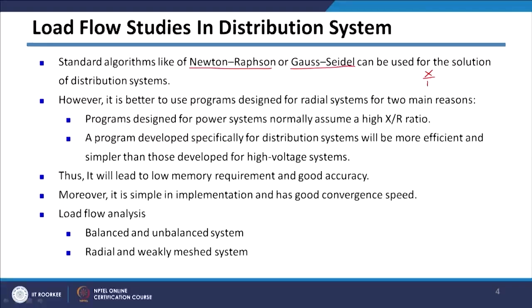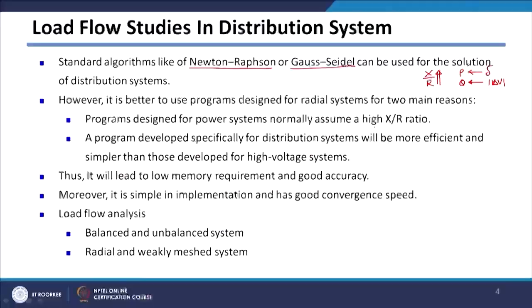However, the X by R ratio of a distribution system is very poor, and because of this, convergence of these methods is very slow. In a transmission system, X by R ratio is very high, and because of this there will be a decoupling effect, meaning P will depend on the voltage angle delta, and Q will mainly depend upon the voltage difference delta V. Because of this decoupling effect, the Jacobian matrix of Newton-Raphson will be diagonally dominant, and because of this diagonal dominance, it will converge fast.